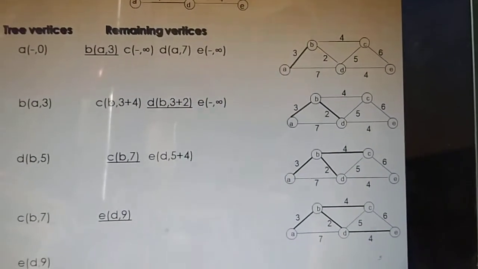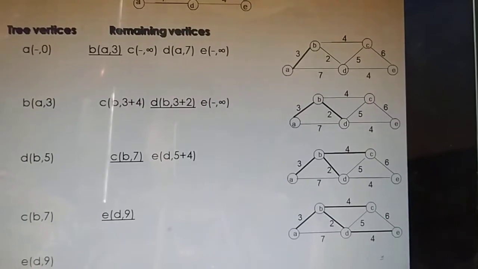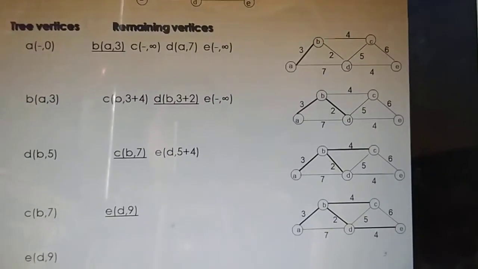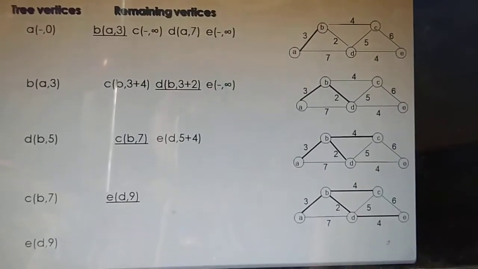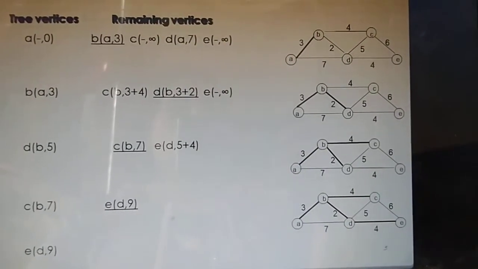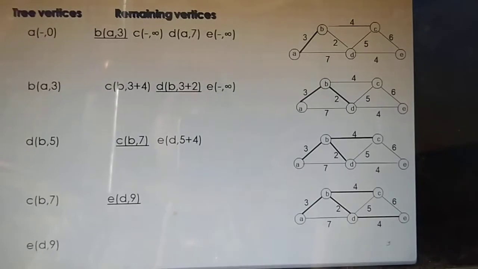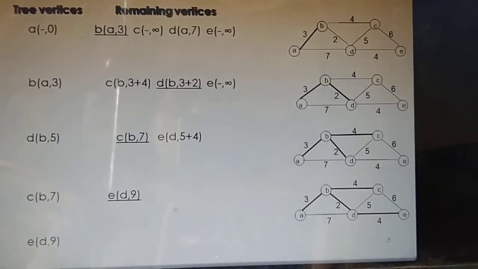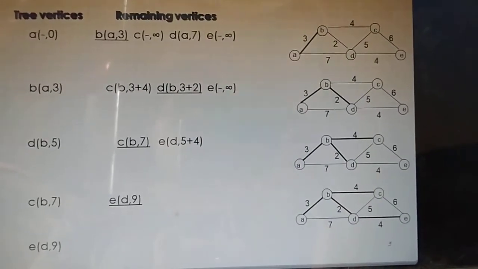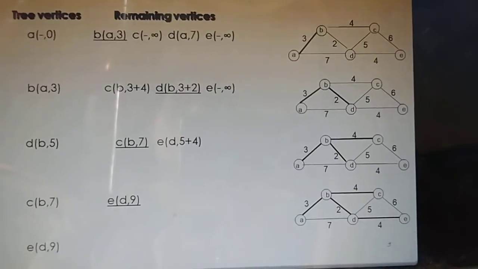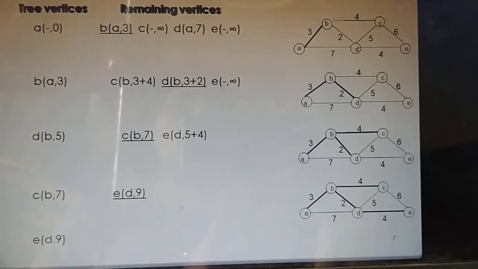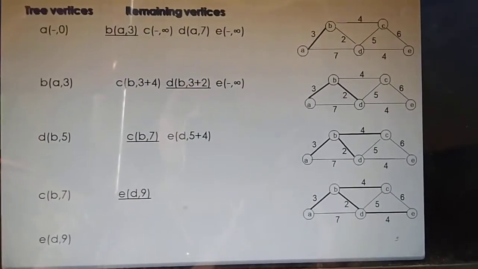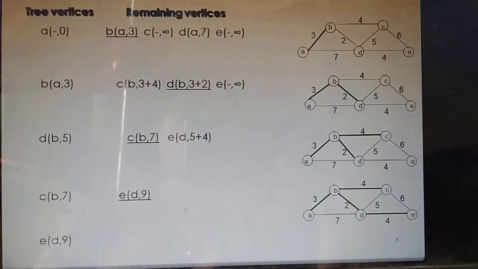Now, as I told you while explaining the algorithm of Dijkstra, the next step is to find U and D of U such that U should be an unvisited vertex, closest to the recently visited vertex, and D of U should be the minimum distance.